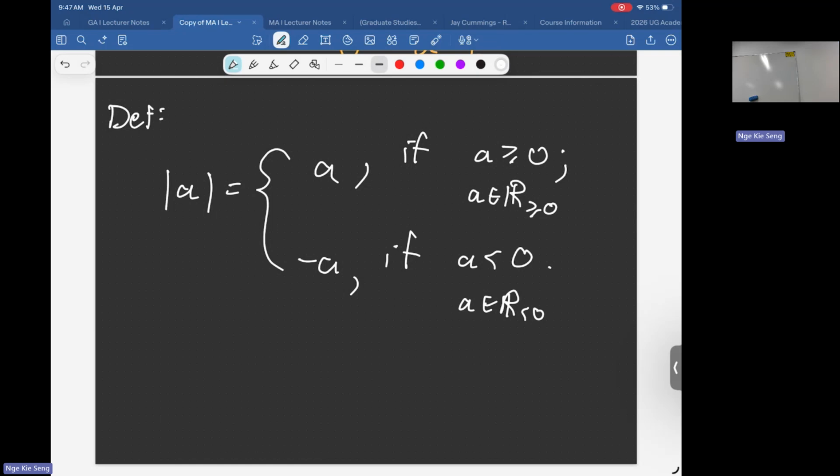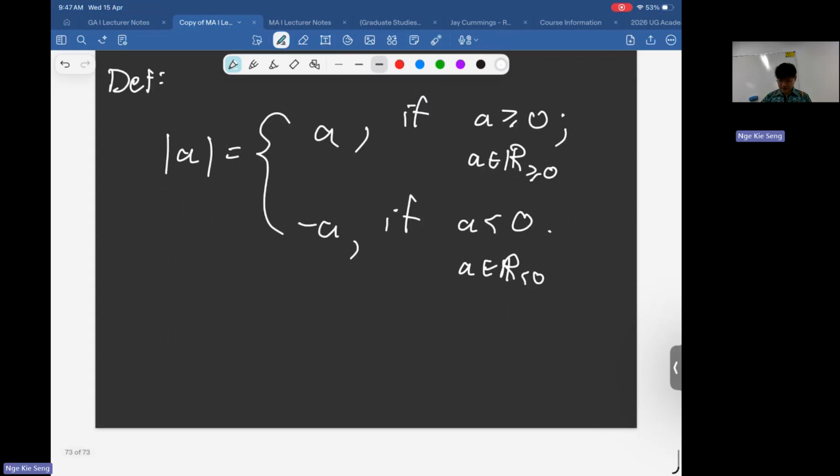But the idea I want to instill in you is that this absolute value gives you the length of a number. Length should be positive, right? There's no negative length. Or maybe one day there can be, maybe in quantum physics, I don't know, we could go backward in time. Well, that's another story.